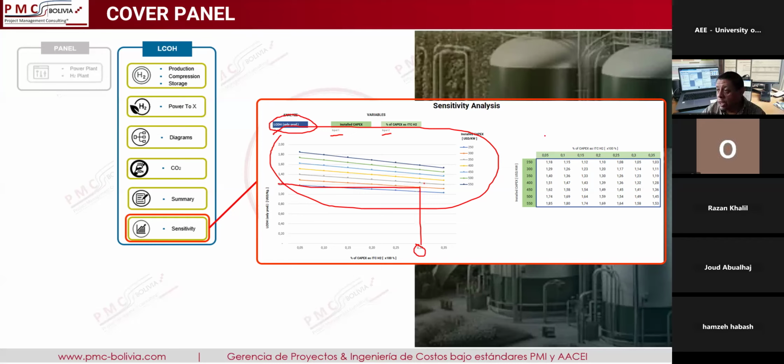Okay, so here we can see a table with the values for each, in this example, installed CAPEX and percent of CAPEX as ITC, for example, which of the value of the LCOH we can see and analyze here.